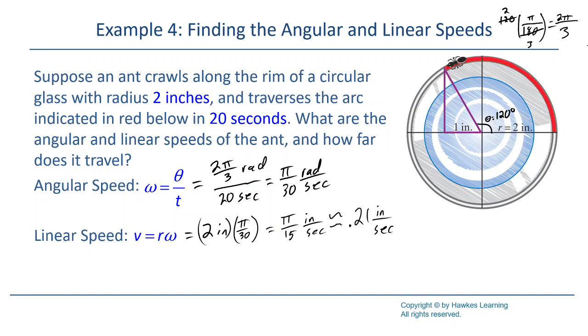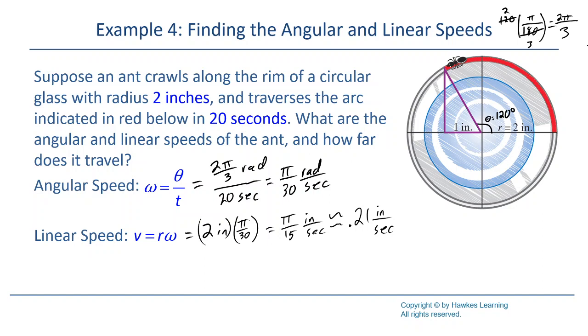And again, this goes back to the relativeness of how far out you are. So it's moving at approximately 0.21 inches per second. So roughly every 5 seconds, it covers an inch of land there. But remember, because it's along this radius, it's going to be different.